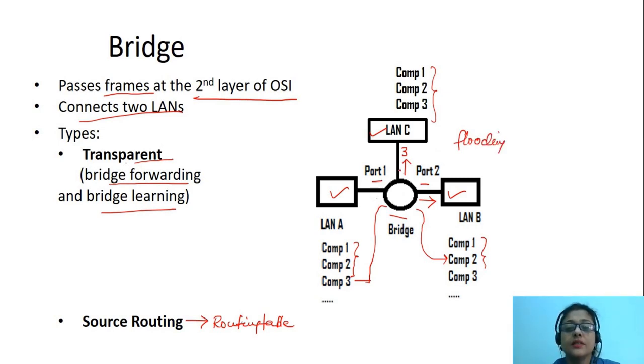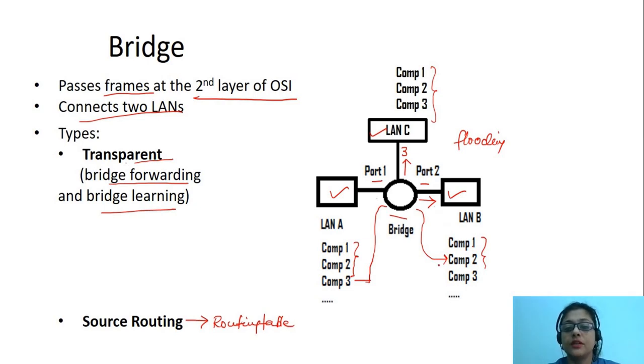Now, when this data packet goes to LAN C, it can understand that it is not meant for one of its computers, so it rejects. Now, it goes to LAN B, and LAN B understands from the MAC address that it belongs to one of the computers of its own LAN.